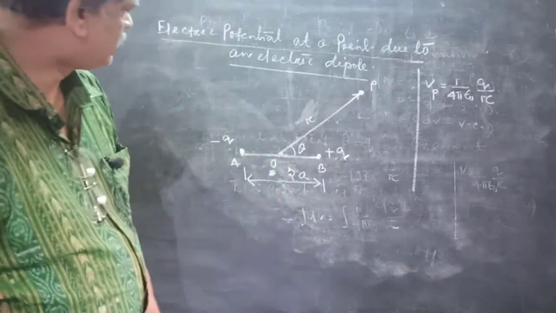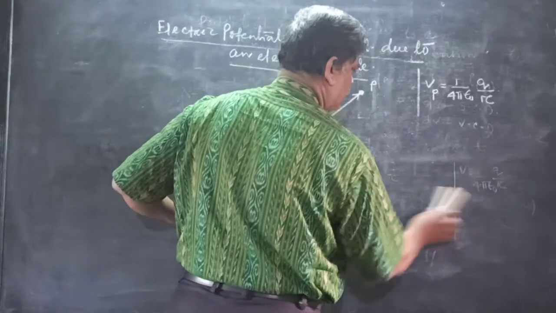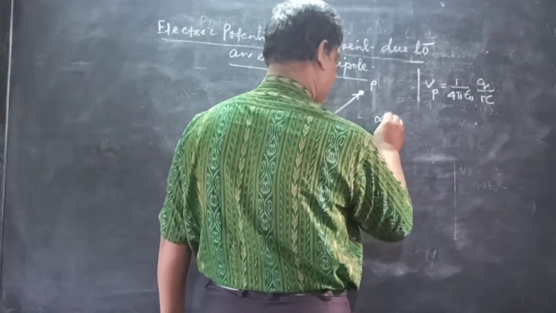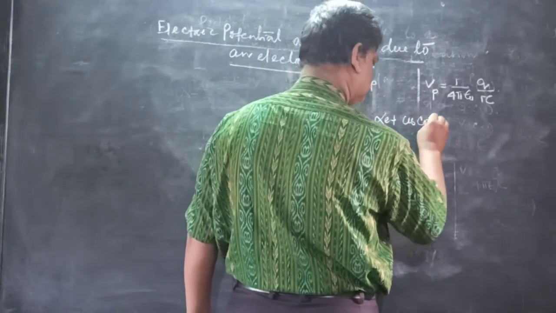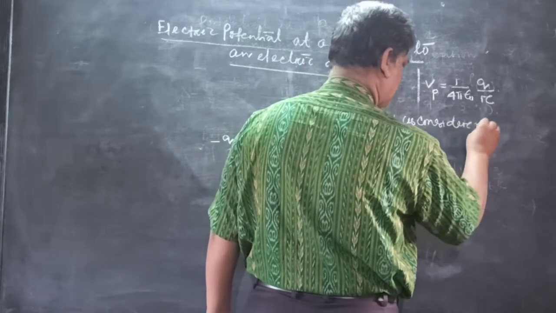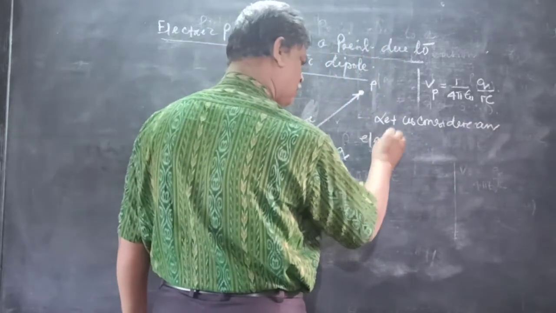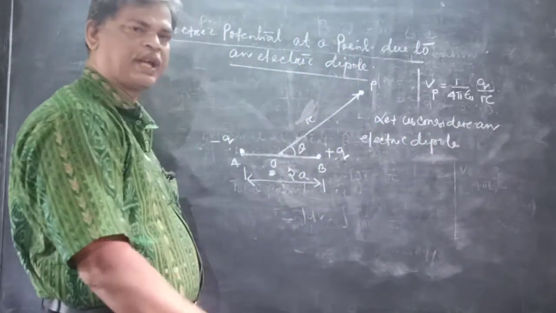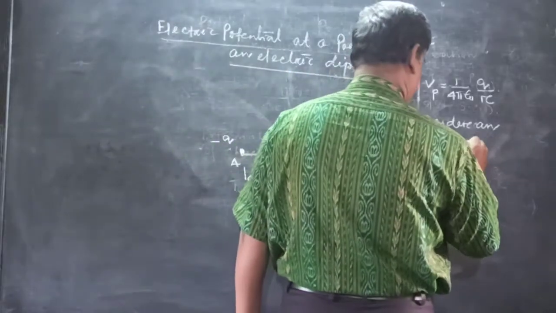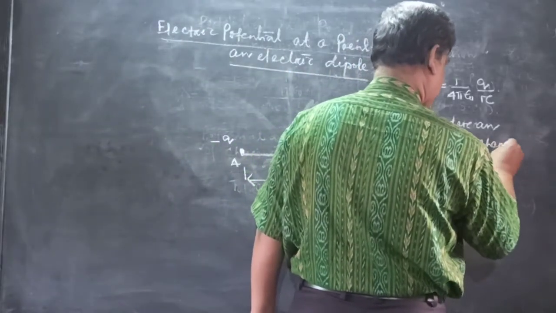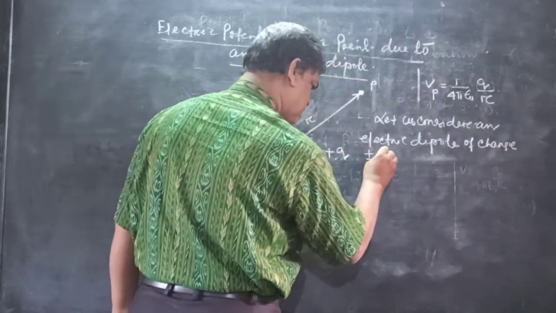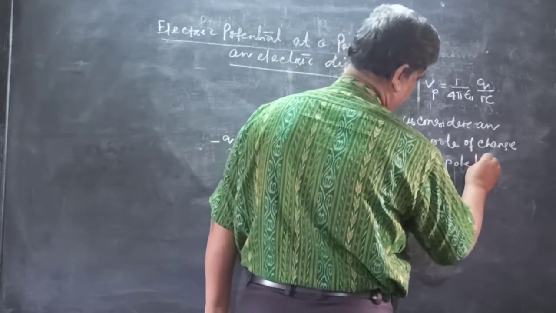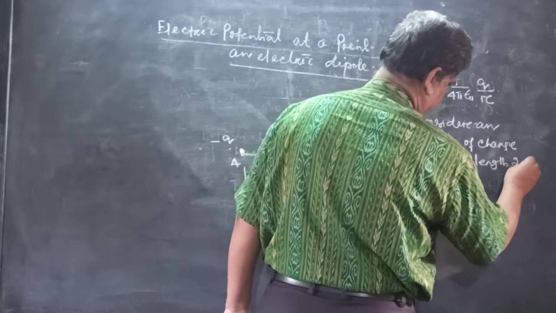Clear? Now find the potential at point P due to the individual charges. Let us consider an electric dipole of charge plus minus q and dipole length 2a.